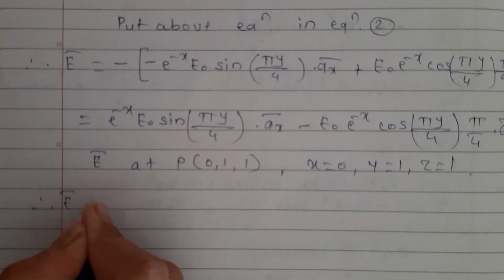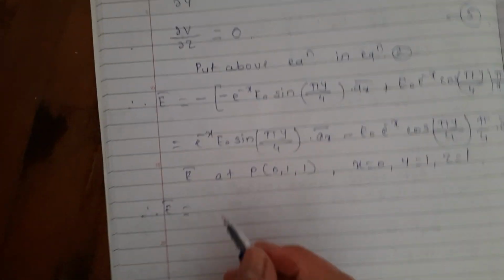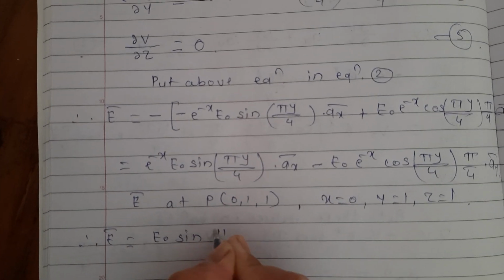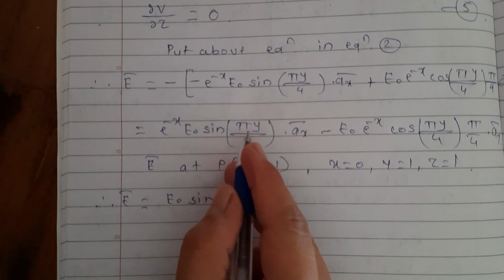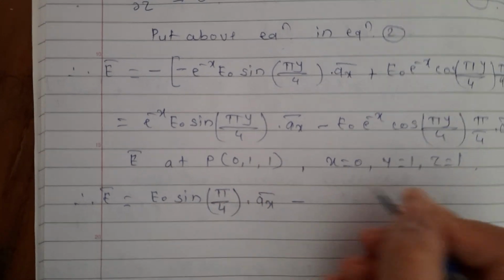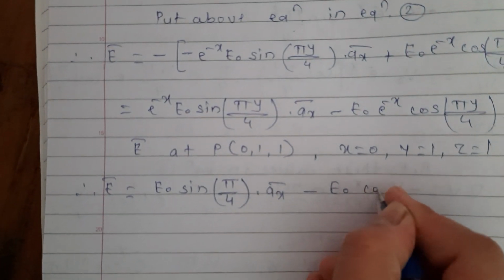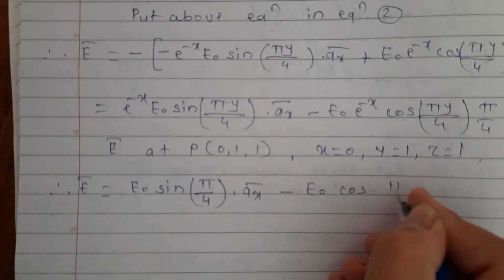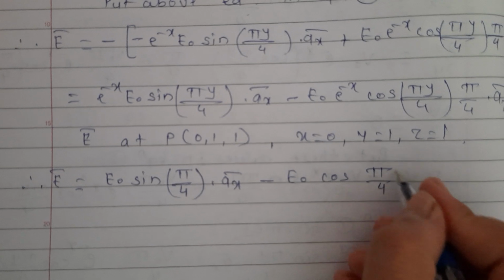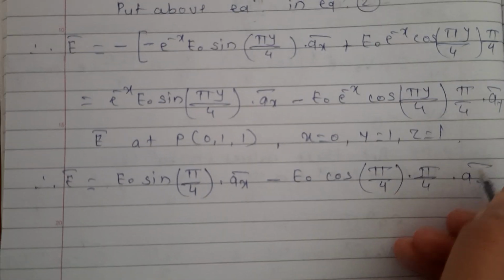So E bar is equal to e raised to 0 is 1, so it is E0 sine of, y is 1, so it is π by 4 ax bar minus E0, it is 1 cos of π by 4 into π by 4, it is ay bar.